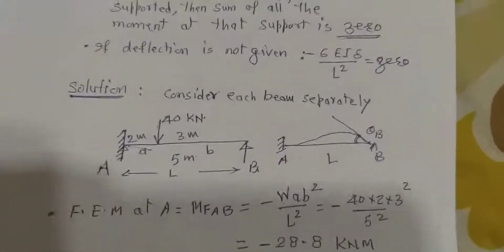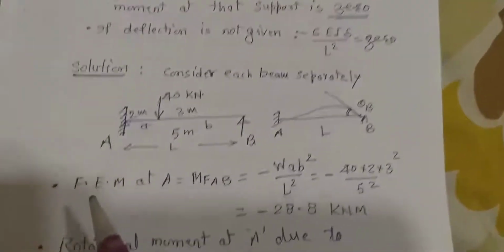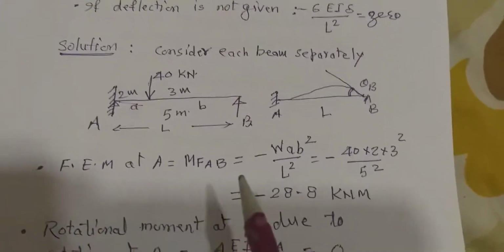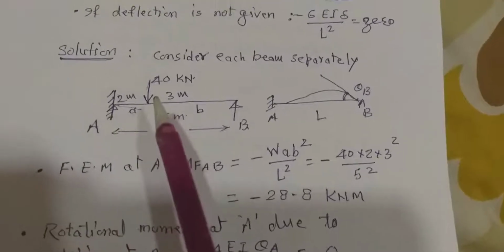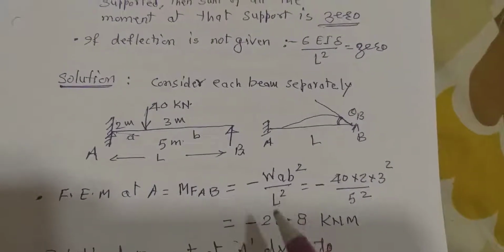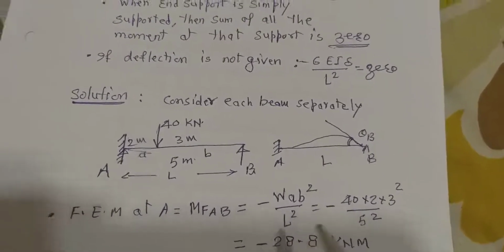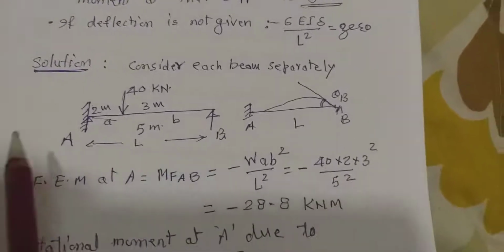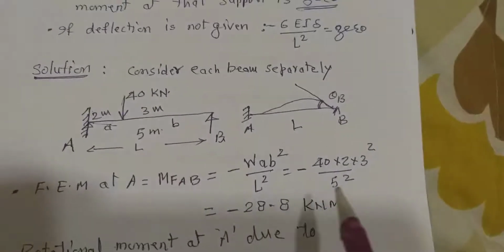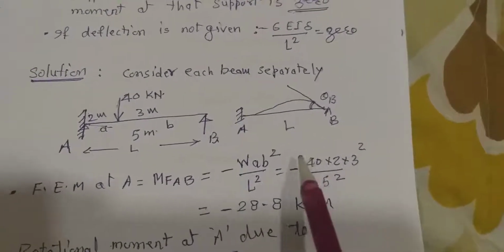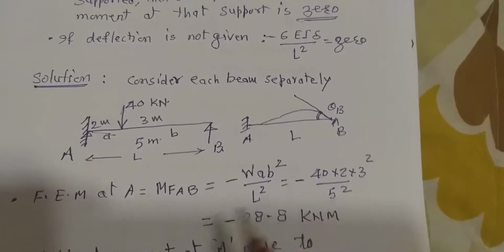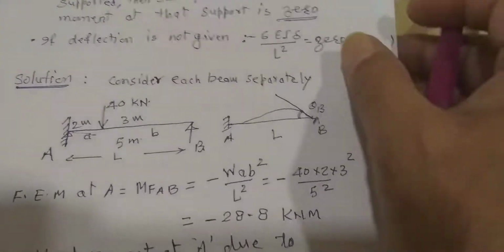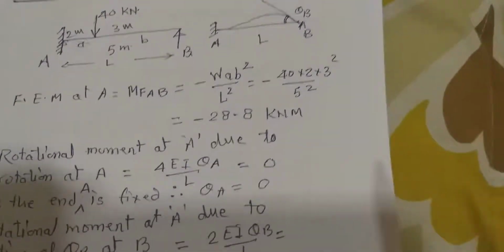When we are talking about AB, we first have to calculate the fixed end moment at A. Because of the point load, it will be minus WAB square upon L square, which everyone knows very well. Substitute the value of W as 40, A equal to 2 and B equal to 3. So WAB square upon L square comes out to minus 28.8 kilonewton meter.